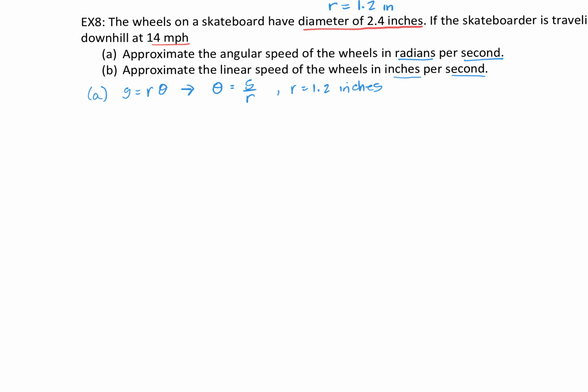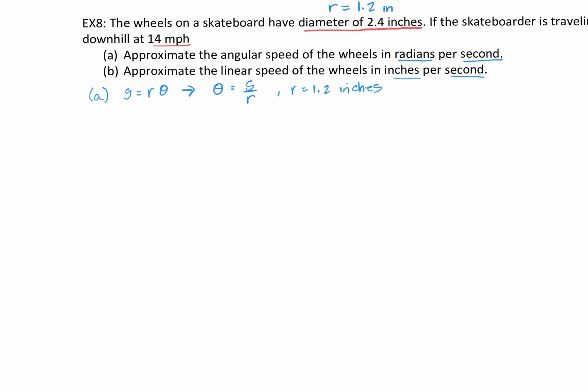So first of all, my arc length is going to be that 14 miles because that's the distance traveled, but we want inches, we don't want miles. So a common conversion is that for every mile, there's 5,280 feet. So each mile is 5,280 feet. If I just multiply the 14 by 5,280, I get the length in feet.